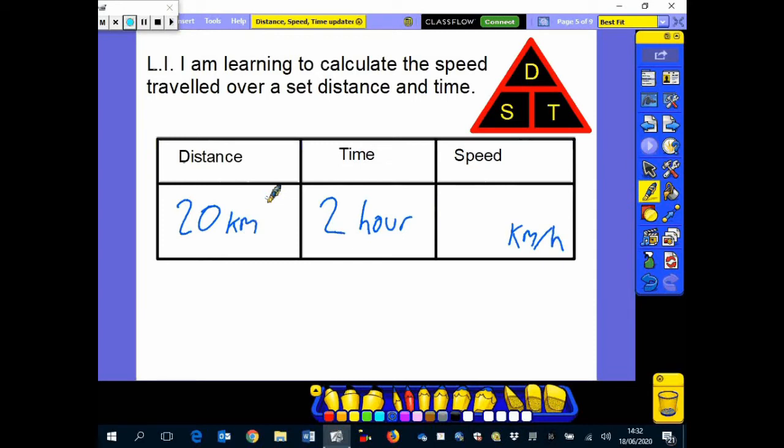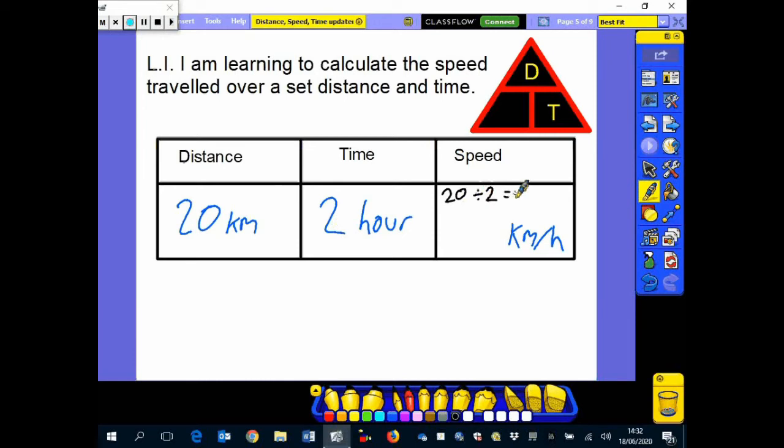Now, we discovered earlier that to work out the average speed, we do the distance divided by the time. So let's try that and see what sort of answer we get. So we know that our distance is 20, and we know that our time is 2 hours.